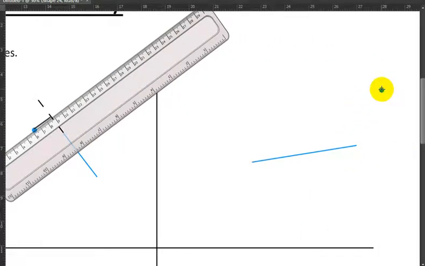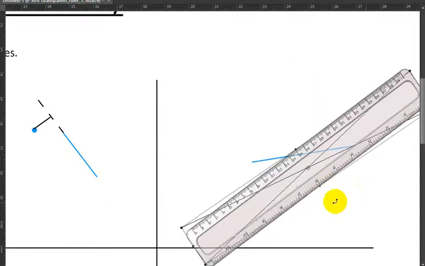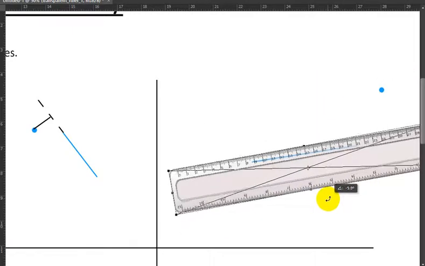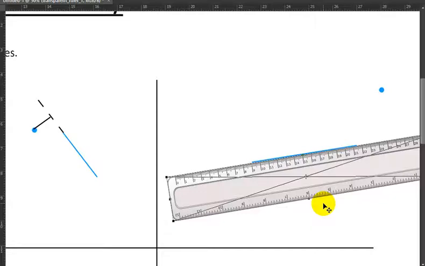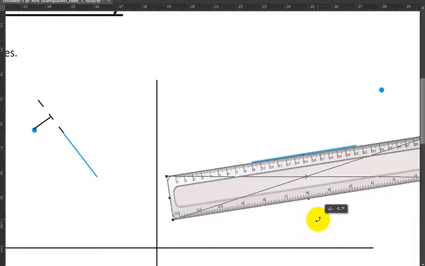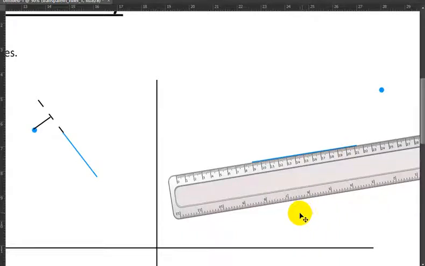Next up, again, you see that if I want to make a perpendicular line to this one, we actually can't. So we need to project this line. That's not totally straight. There we go.